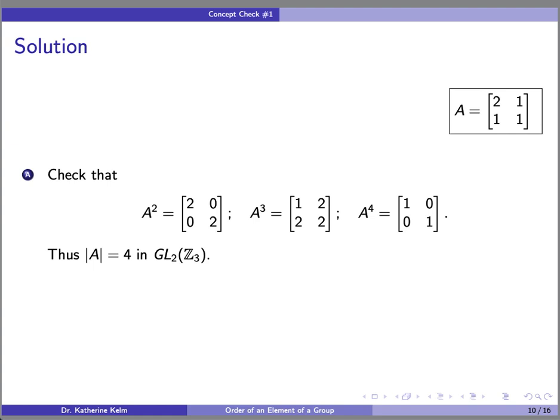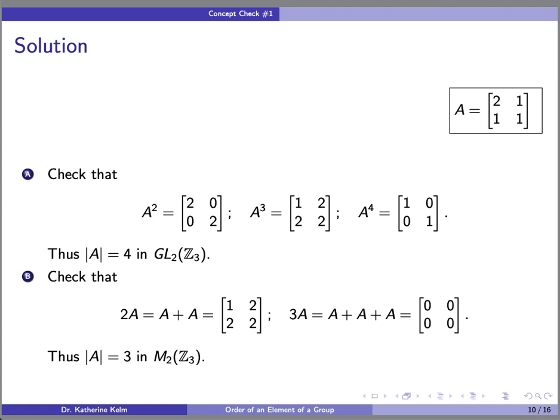And you can see that A squared is 2, 0, 0, 2. That's not the identity. A cubed is 1, 2, 2, 2, which is not the identity. And A to the 4 is the identity matrix. So therefore, the order of the matrix A is equal to 4 in GL2 of Z3.